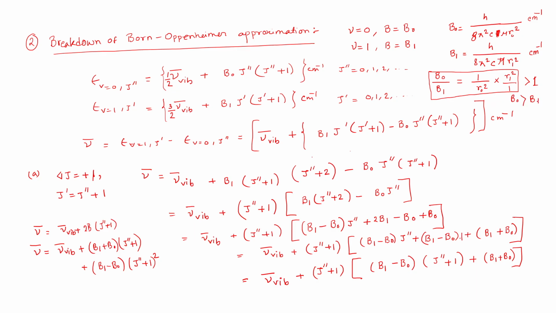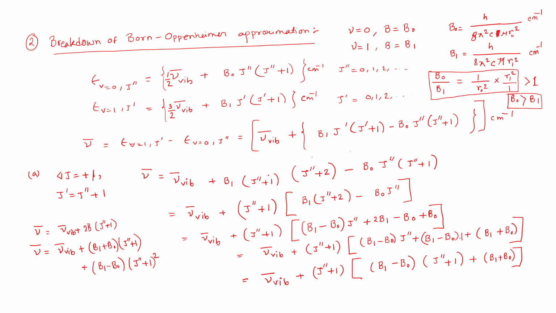This is what we also got for the isotopic effect yesterday: if you have some isotope where the mu is higher, then the rotational constant would get lower. Here also, if your bond length gets higher, means in these cases when there is a difference between B0 and B1, B0 is actually greater than B1.